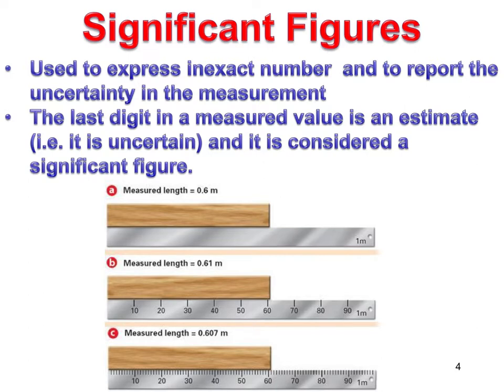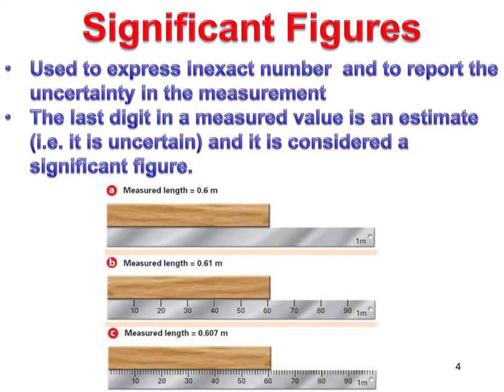In the first one, seeing how the meter stick only measures from 0 to 1 meter without any divisions in between, the approximate length can only be one more significant figure other than the 0 or 1 that is measured by the stick.